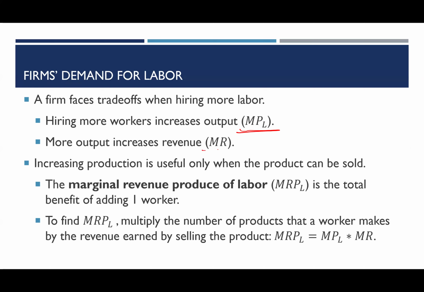And then they're going to consider how much they can sell the good that the worker produces for, right? So if I'm hiring someone to make lattes for me, I'm going to consider how much coffee they can make in a given hour, and then how much I can sell those lattes for, and that's going to determine how much I'm willing to pay each worker and how many workers I end up hiring.